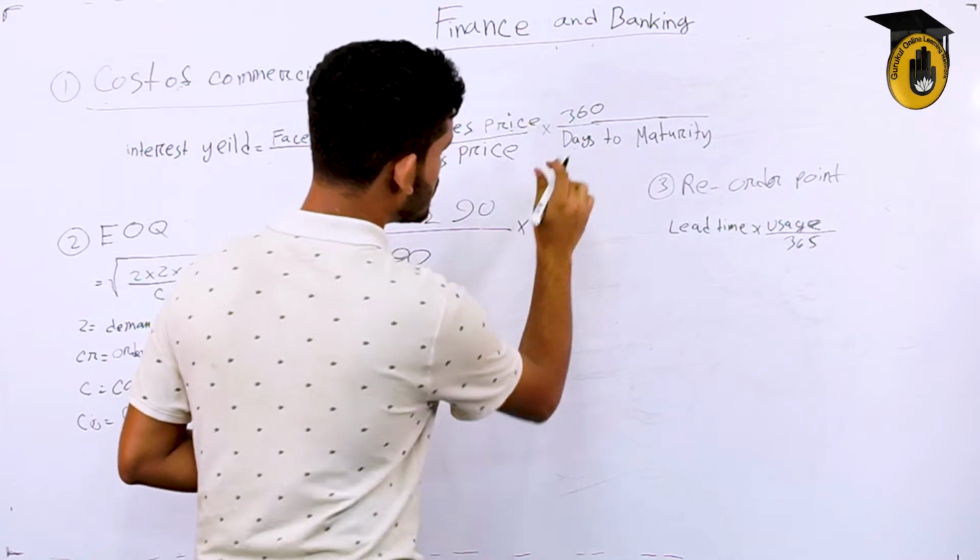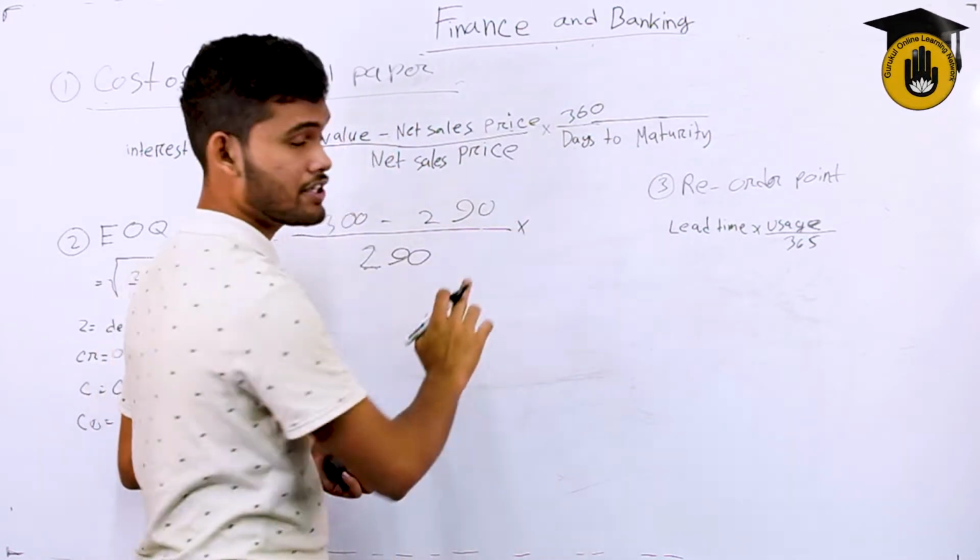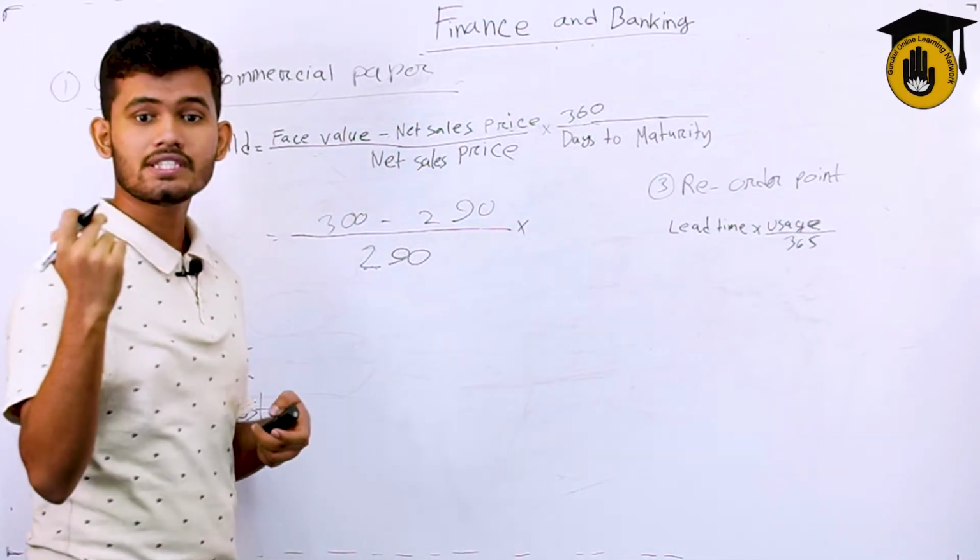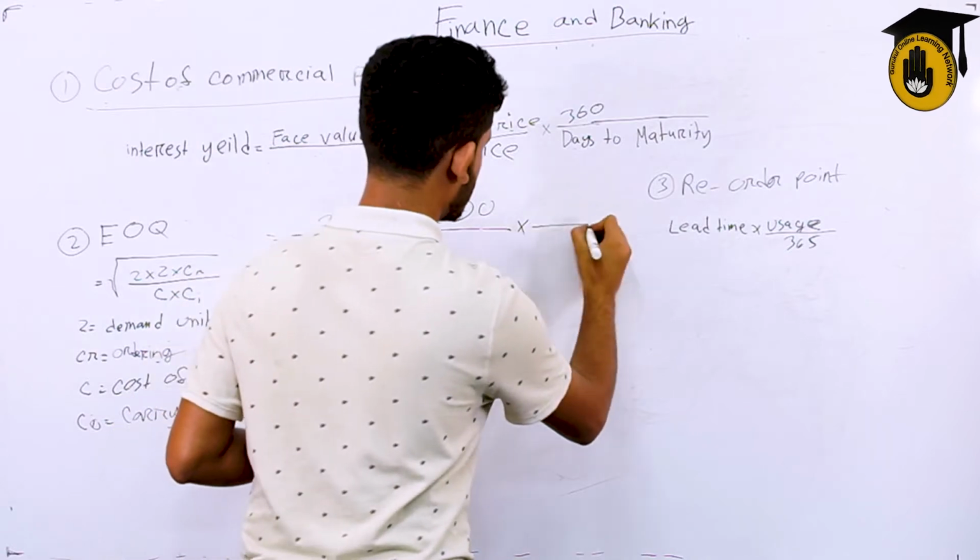290 into 360 divided by days to maturity. We said days to maturity was 90 days. So 360 divided by 90.